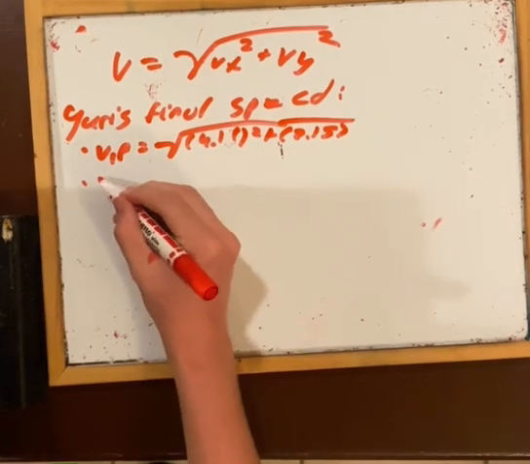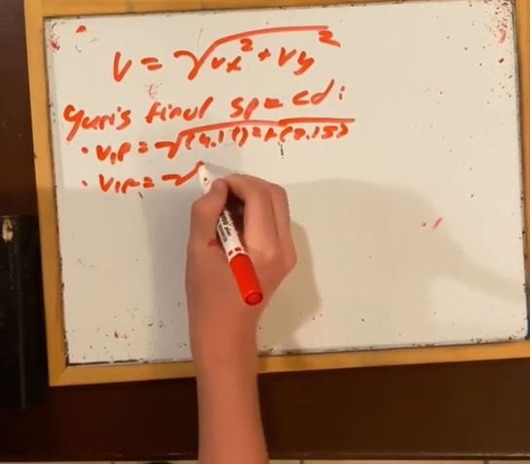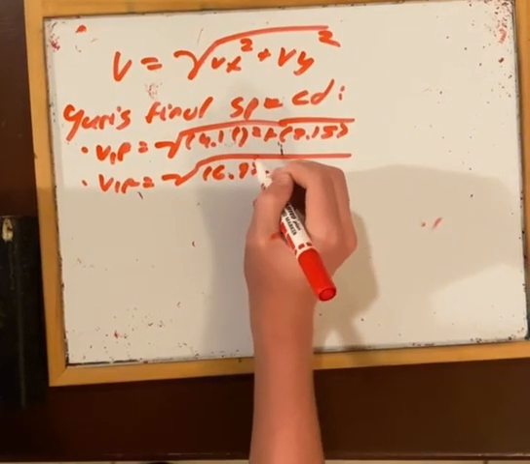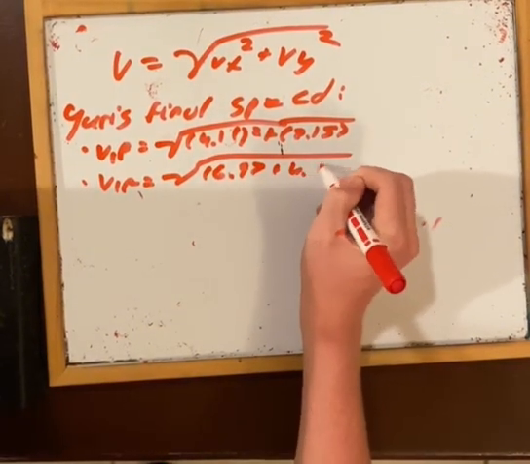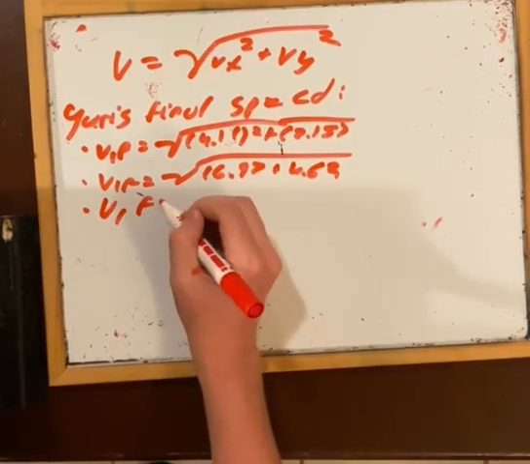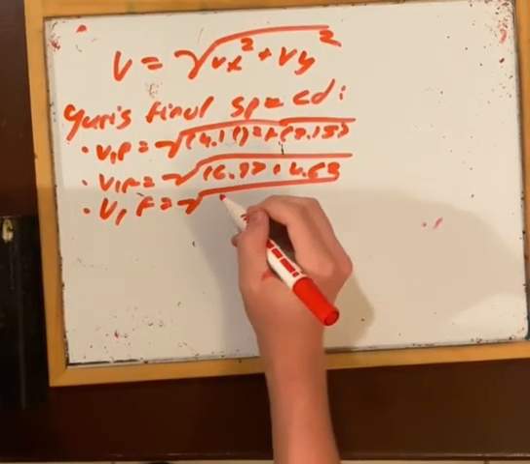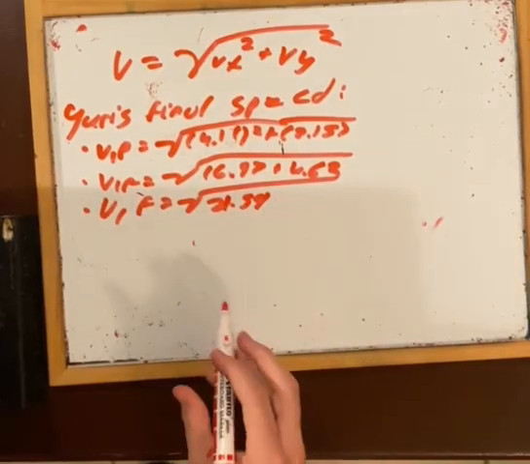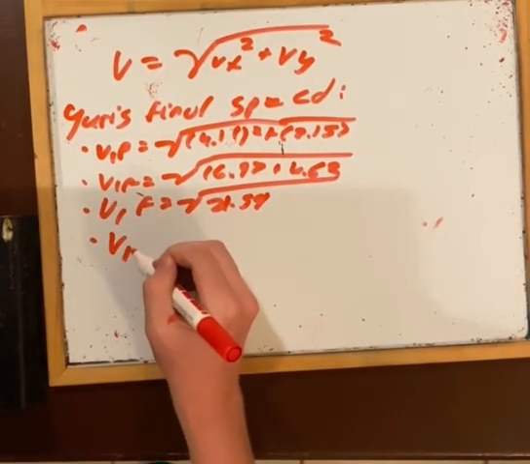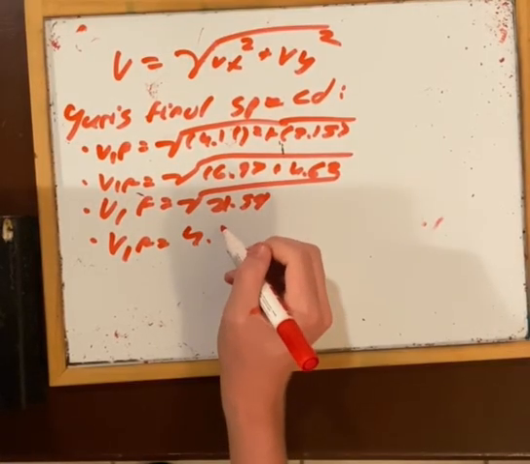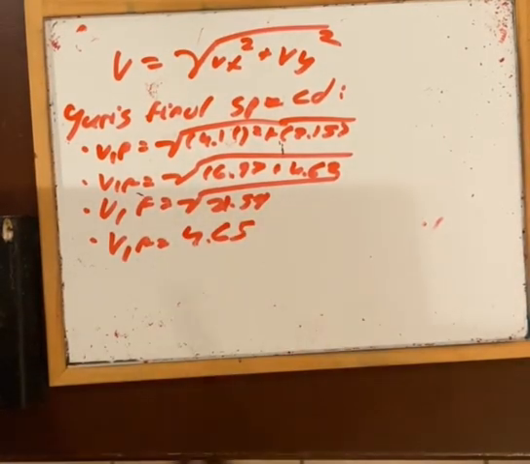And then that turns into v1f equals the square root of 16.97 plus 4.62, and v1f equals the square root of 21.59. And then that gives us 4.65.